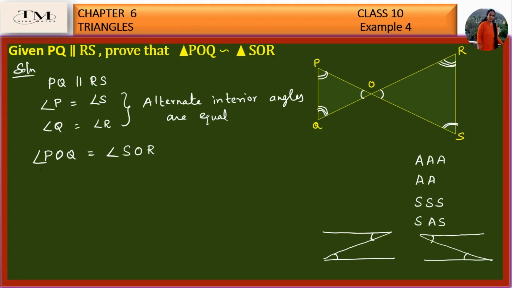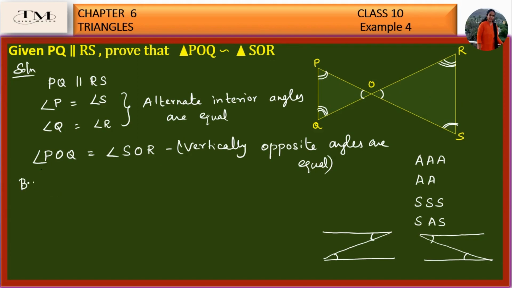So angle POQ is equal to angle SOR. Why? Because vertically opposite angles are equal. So this is the reason. So what happens? Three corresponding angles are equal.